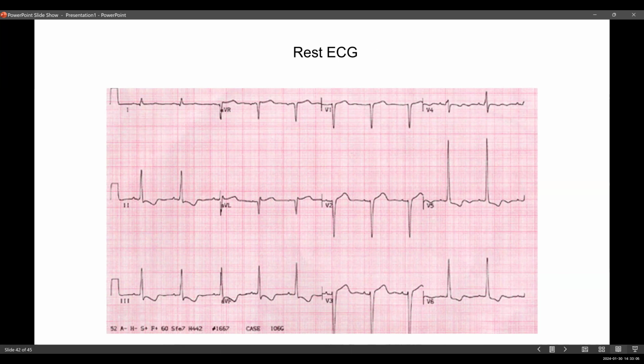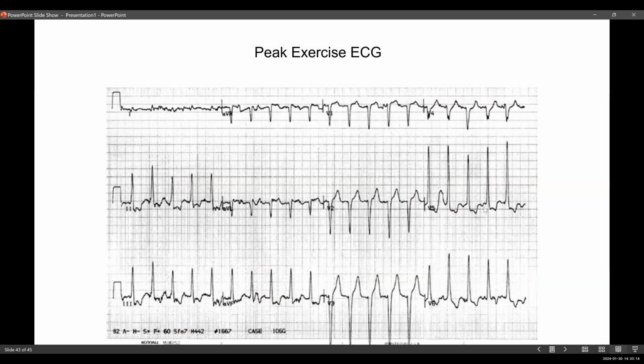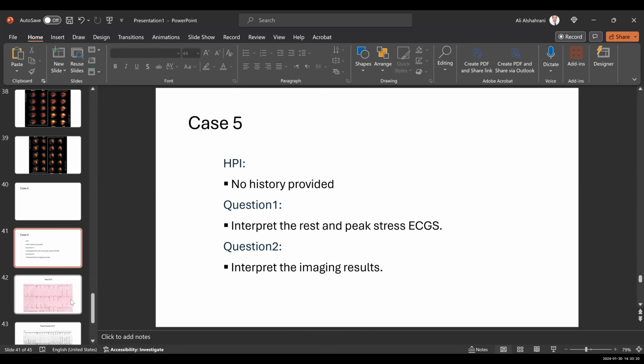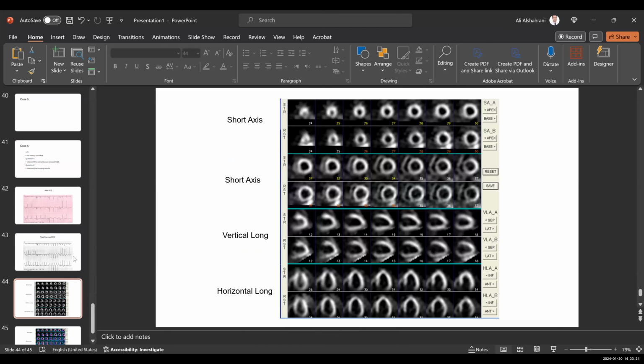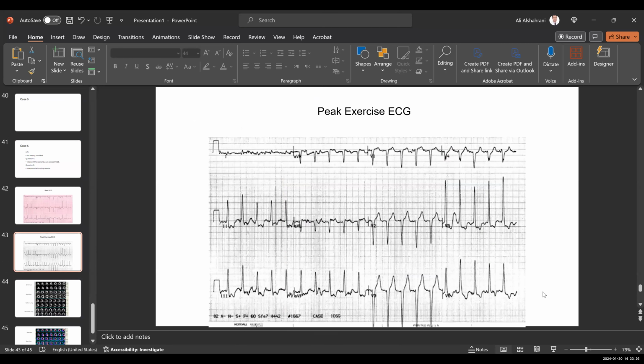So this patient is not fit to go for an ECG stress test. Okay, so he goes for an exercise nuclear perfusion scan, okay?